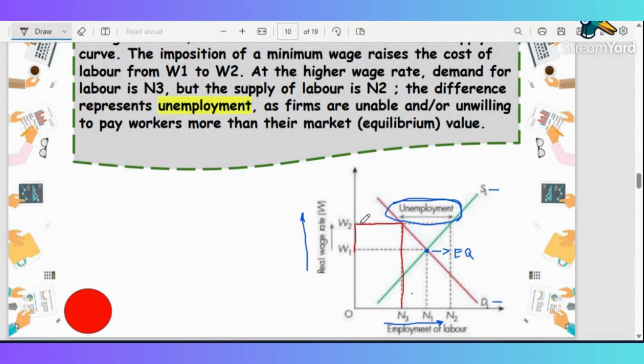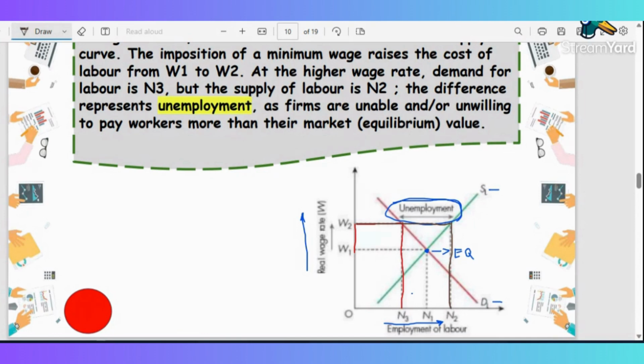Then it says the supply of labor is N2. So now at the same wage 2 here, come across until it hits the supply of labor curve, right? And you come straight down and we see where it hits N2. Now it states that the difference represents the unemployment.